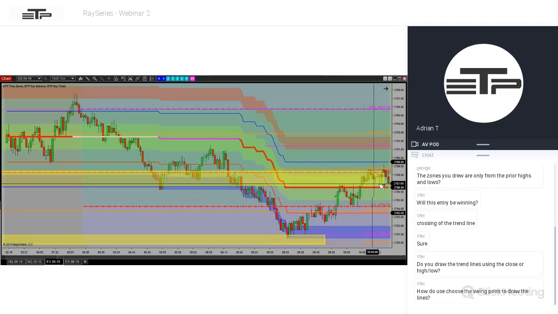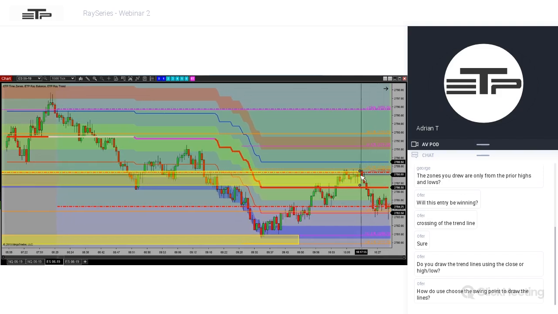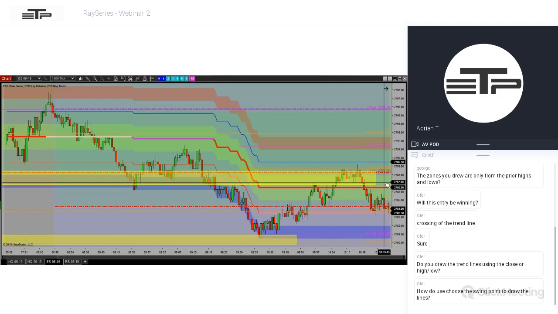So with this confluence, you can see that you don't even need a trend line for this sort of entry. But let's just use one for continuity's sake. Okay, so that's kind of like that-ish.